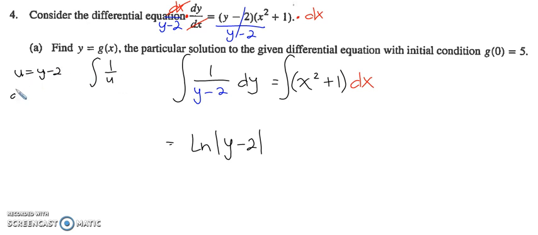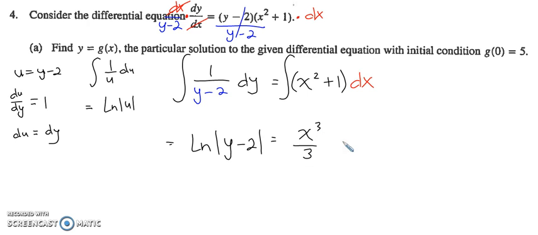Notice that du with respect to y is 1, so du and dy are equal to each other, and we easily change our dy to du. That's simply the natural log of u. Then we resubstitute the y minus 2 back in to get ln of the absolute value of y minus 2. On the right side, we just get x cubed over 3 plus x plus c.